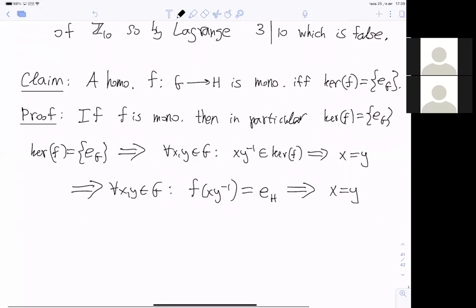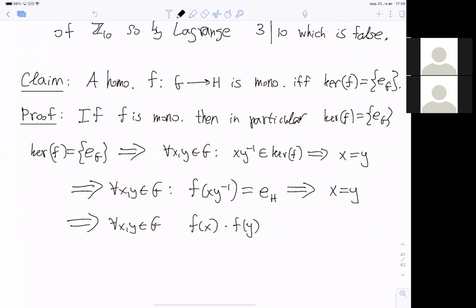But we know that this equals f(x) multiplied with f(y) minus 1, and the minus 1 can be written here.